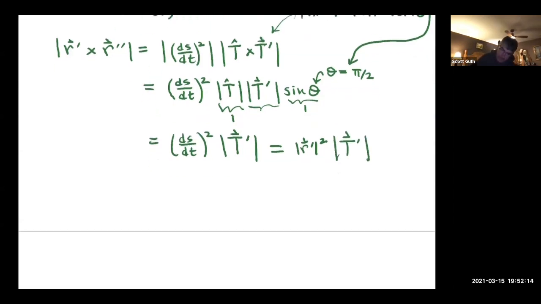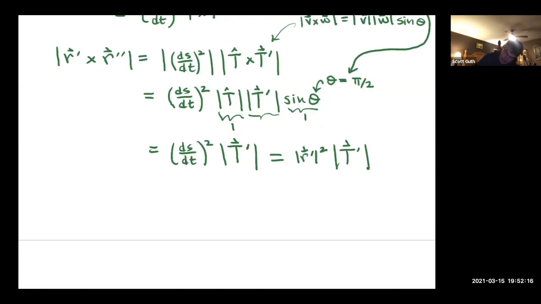Okay, so here I can say that the magnitude of r prime cross r double prime, now all I'm going to do here is divide it by the magnitude of r prime to the third. And say, well, then that's got to be this other thing that we just worked out.